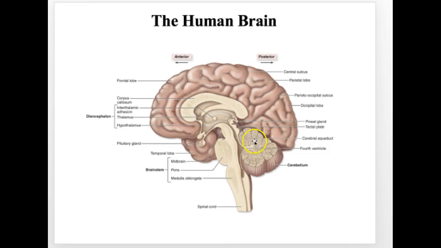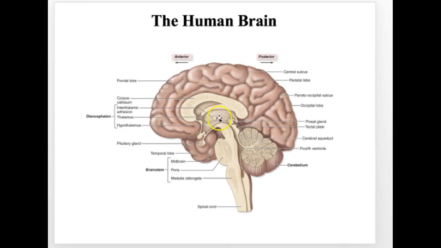A mid-sagittal view of the brain demonstrates a couple of other landmarks that are important to know. One being this area of white matter tracts known as the corpus callosum. So this corpus callosum will be what connects the left hemisphere to the right hemisphere.